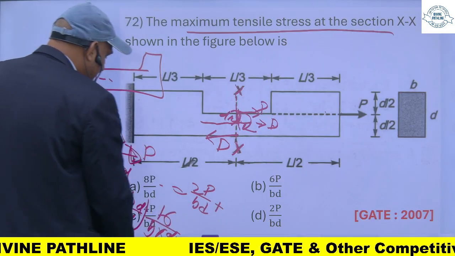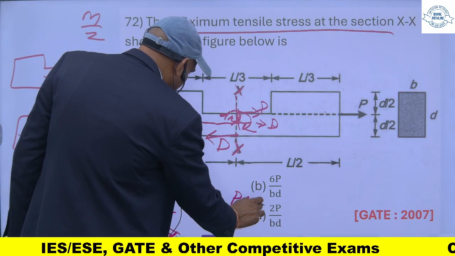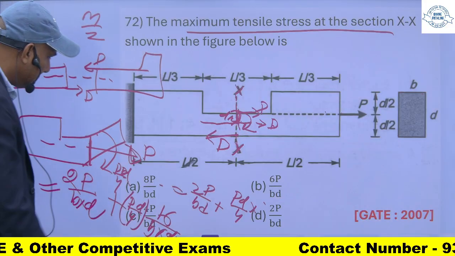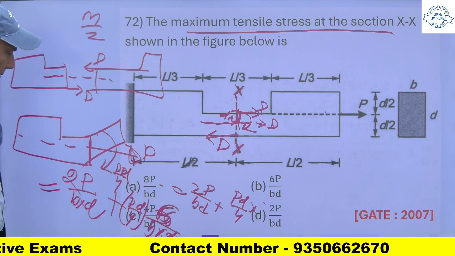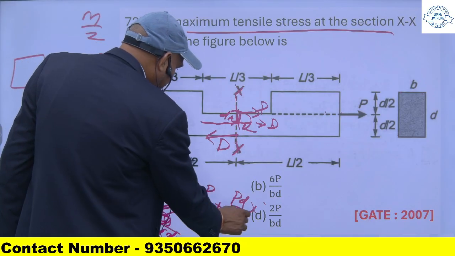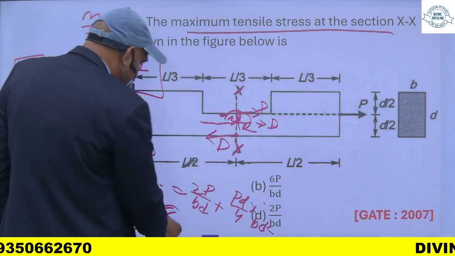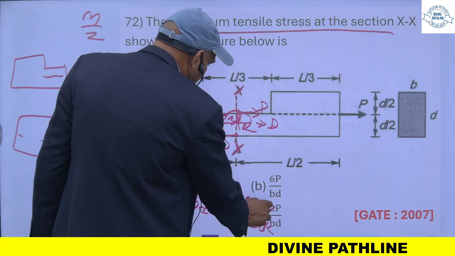plus this will be P D by 4 into 6, M upon Z, so B D square upon 6. This B D square will be 4 and it will come here, 6 into 4.